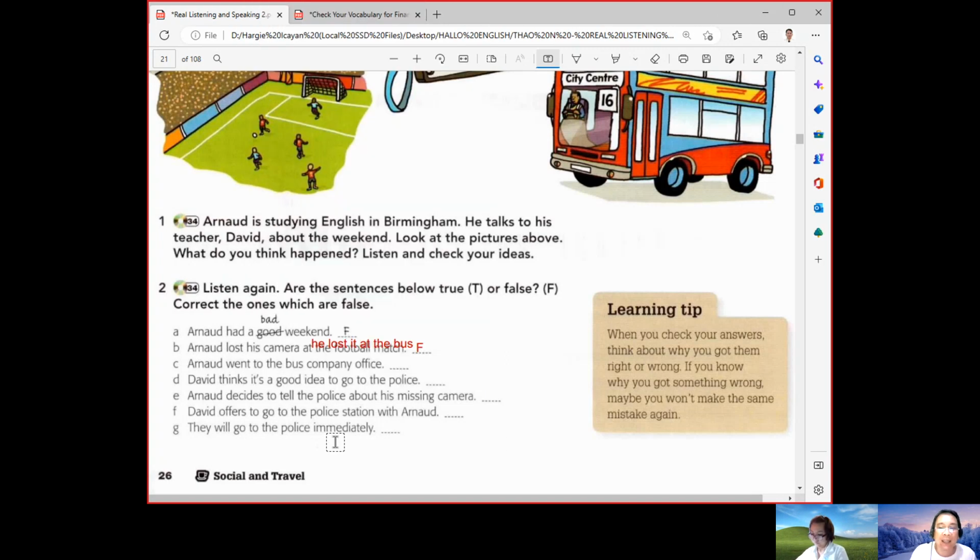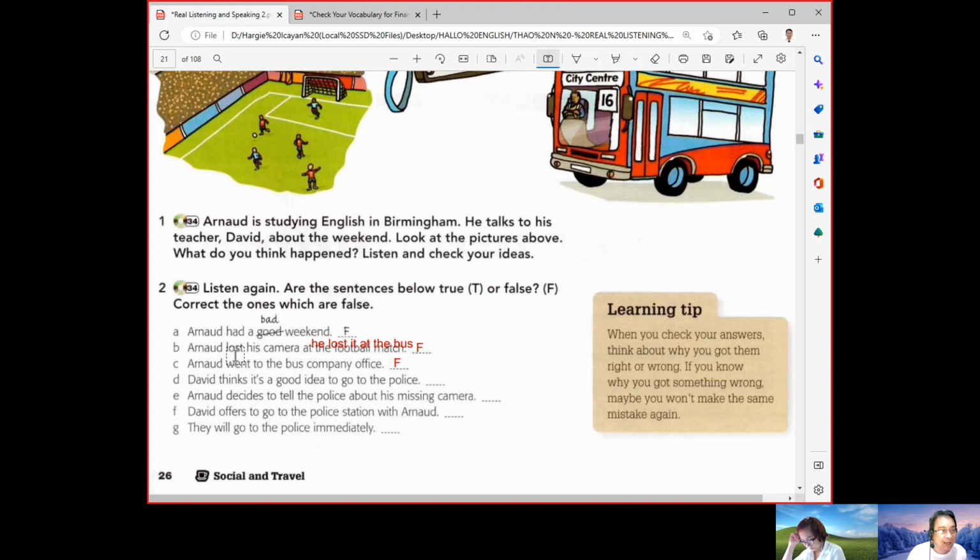Next, letter C, that would be false also. Why is it false? Because Arnaud went to the bus company office. So Arnaud telephoned the bus company.